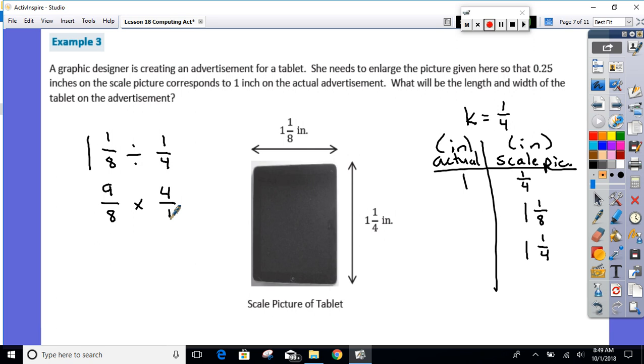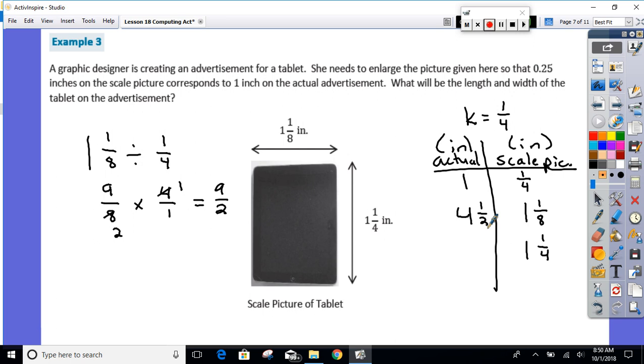The scale drawing is 1/4 the size of the actual, so I'm multiplying the scale drawing by 4 to find out how large the actual tablet is. So if I do 9/8 times 4 over 1, I can reduce before I multiply. I get 9 over 2, which would be 4.5 inches. Okay, any questions about that?